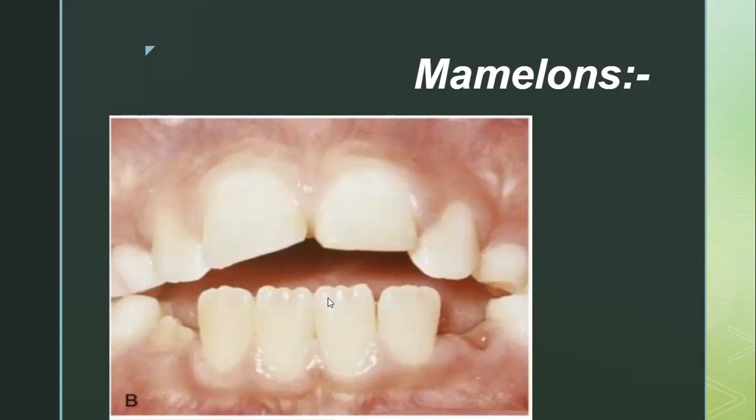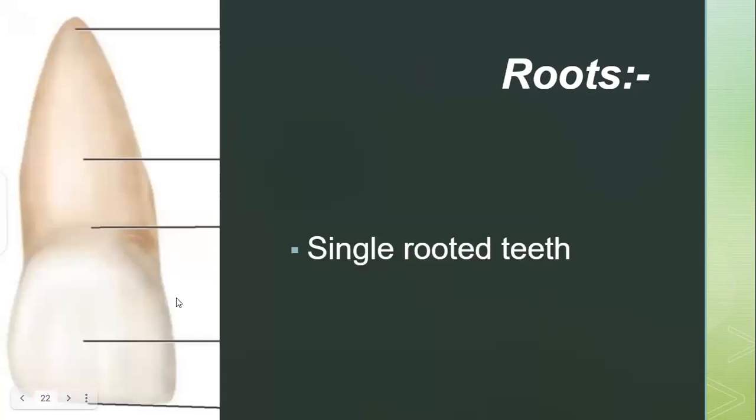Now let's see which type of root is present in each tooth. If we talk about anteriors, in both maxillary and mandibular incisors, a single root is present. In maxillary first premolar, a bifurcated root can be seen. In maxillary second premolar, a single root is found.